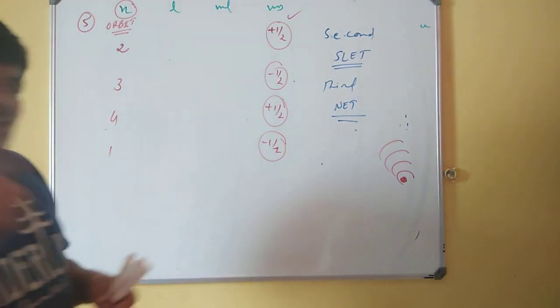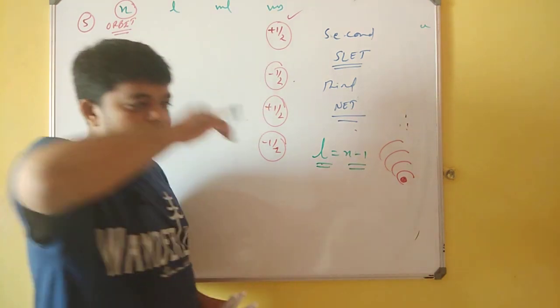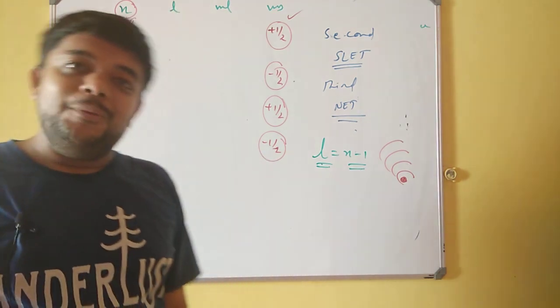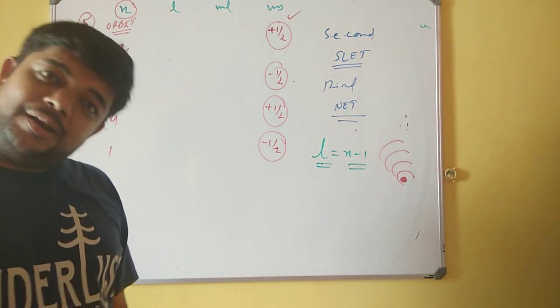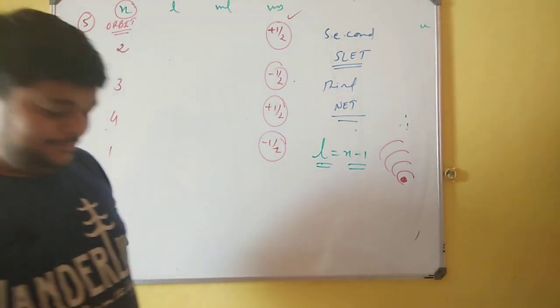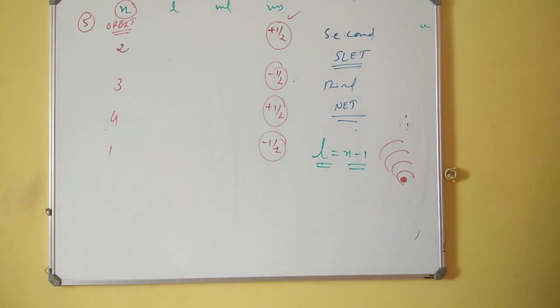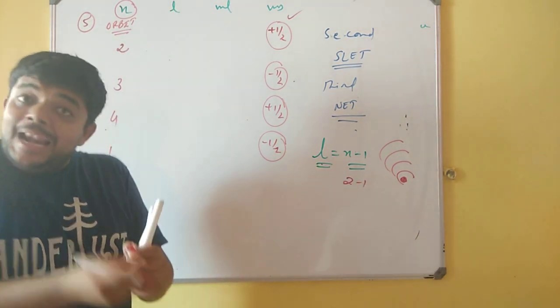Coming to L, always remember you had a formula L is equal to N minus 1. How many suborbits in an orbit? Lecture number 1. L is equal to N minus 1. So keeping that thing in mind, we will over here mention few very important things. When I say n is equal to 2, always my L has to be 1 lesser.